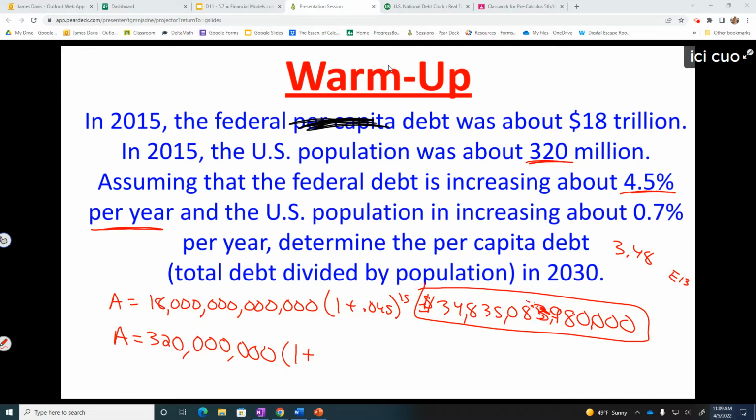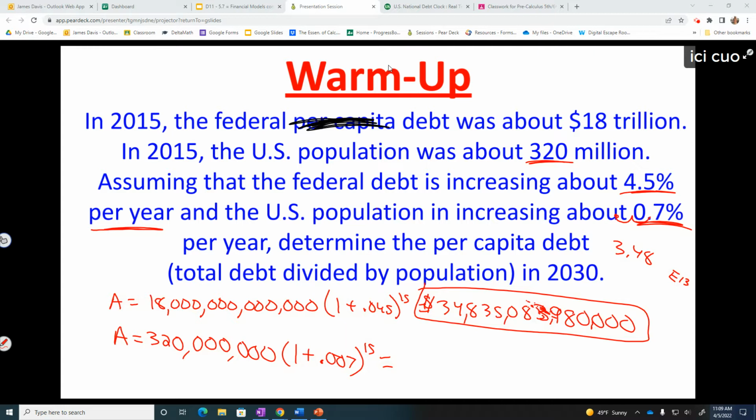It's 0.7%. Now, when you write that as a decimal, you still have to move it over 2 places. So it's actually going to be 0.007 as our rate. And I'm not going to put it over 1 again because it's yearly, so we don't need to. It just makes it harder to type in. And then it'll still be 1 times 15. Let's try that one.